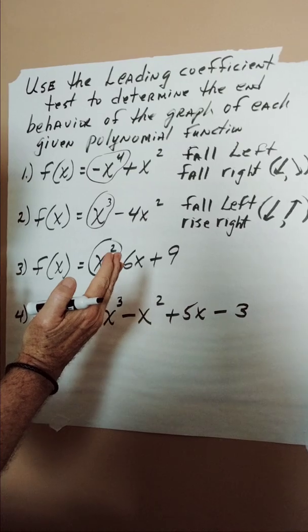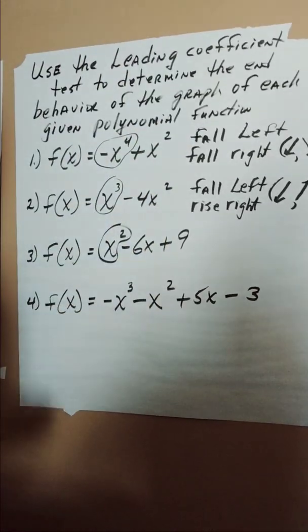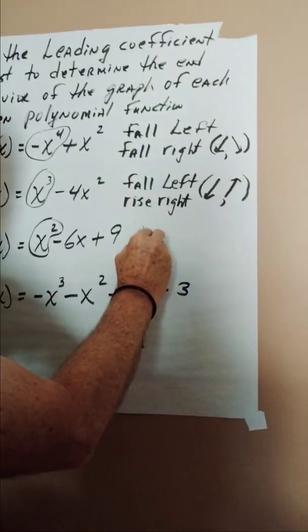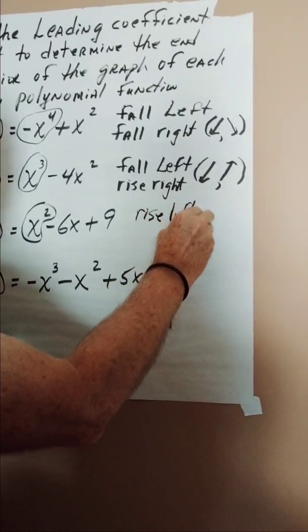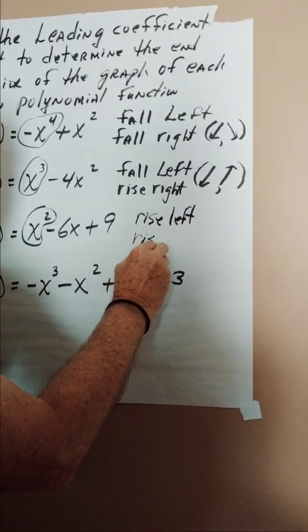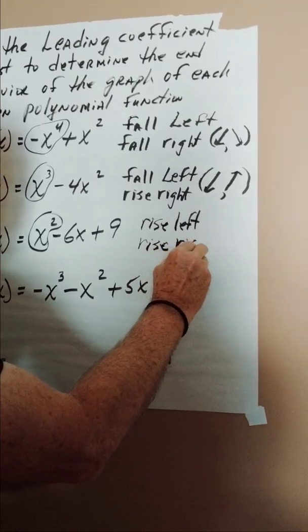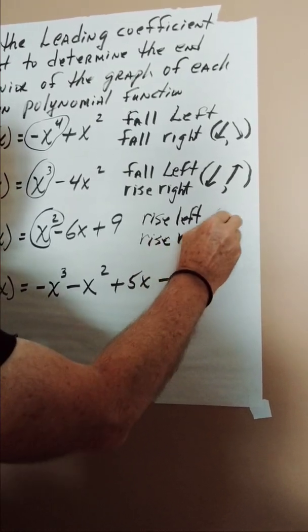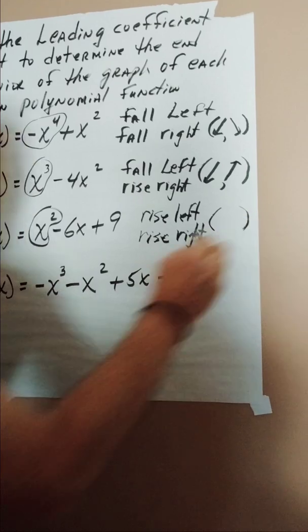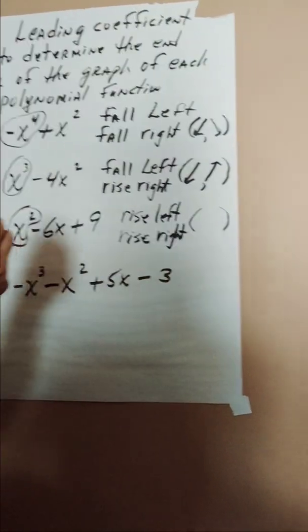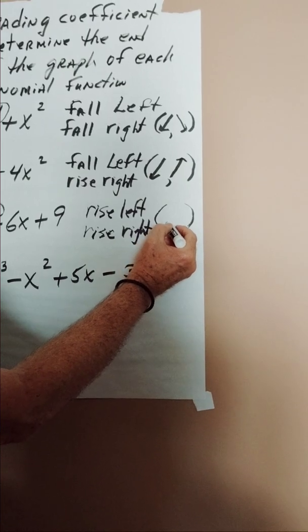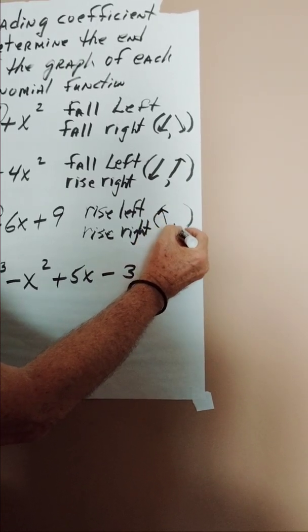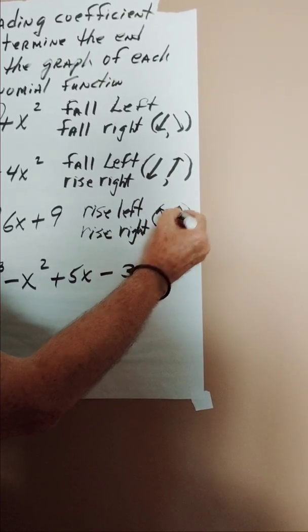They're both going to rise. Rise left. Rise right. I know it's sloppy, but I'm working off of the wall of a room here, and I don't want any issues. So it's going to rise to the left, and it's going to rise to the right.